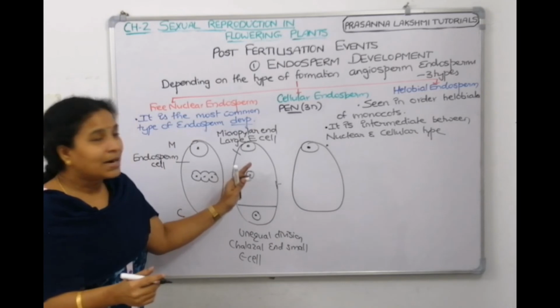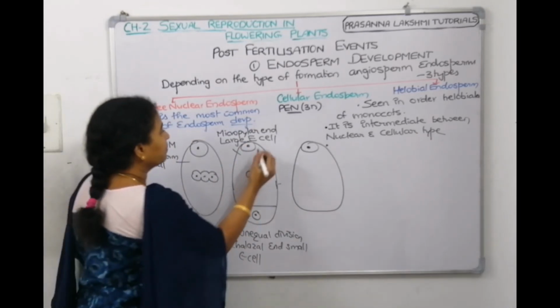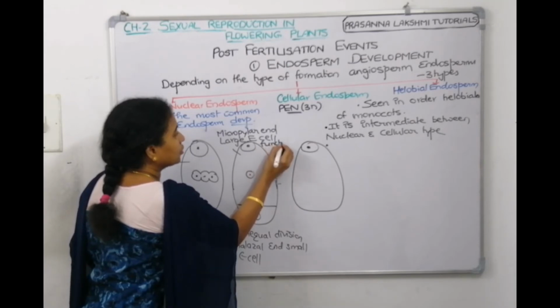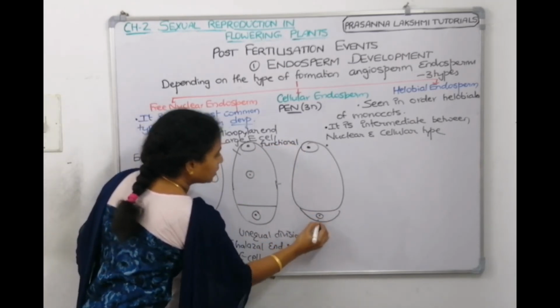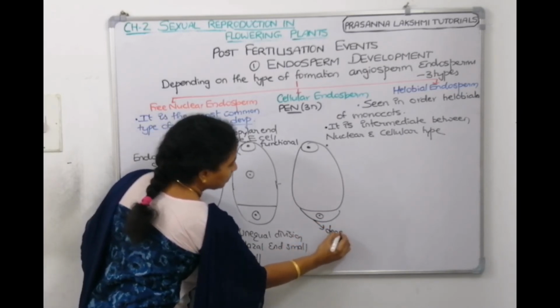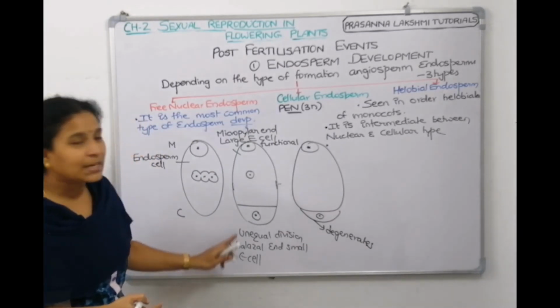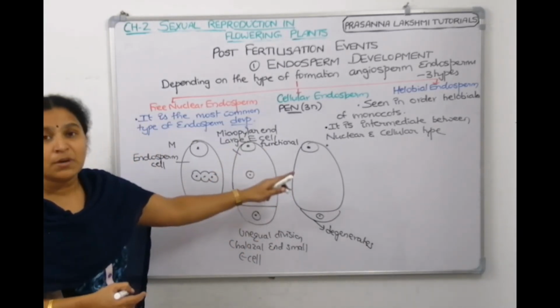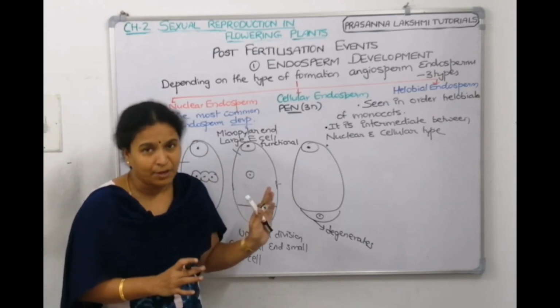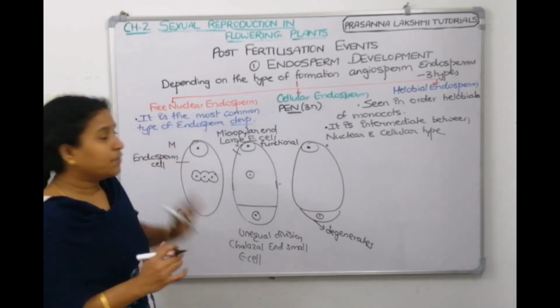Now, this large endosperm cell which is towards the micropylar end is functional. The large endosperm cell is functional and this cell is vestigial. It degenerates. This endosperm cell which is towards the callosal end will degenerate and the large endosperm cell which is towards the micropylar end will develop. It is developing and initially it shows free nuclear divisions.